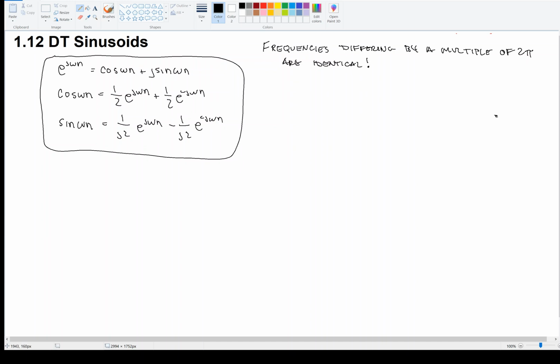And that's not obvious. That should be surprising to you. Frequencies differing by a multiple of 2 pi are identical.